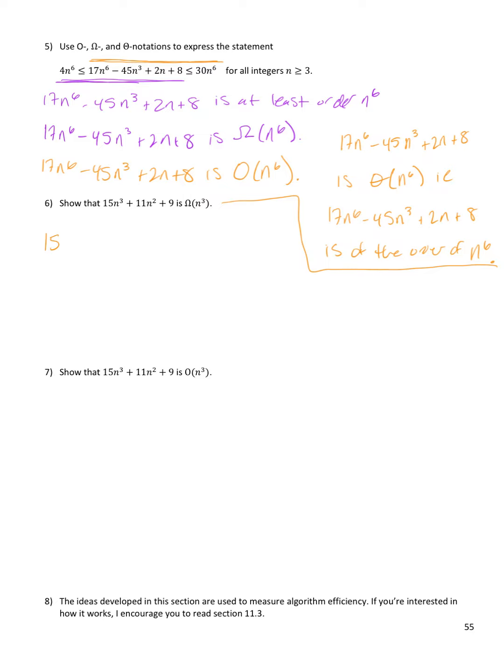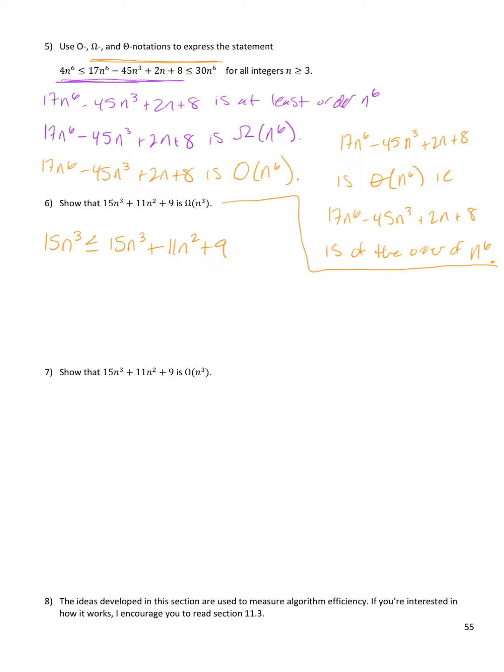So if I write 15n cubed, and I want to compare that to 15n cubed plus 11n squared plus 9, because n is bigger than or equal to 3, then 11n squared plus 9 is a positive quantity, which means that this quantity is larger than this quantity.